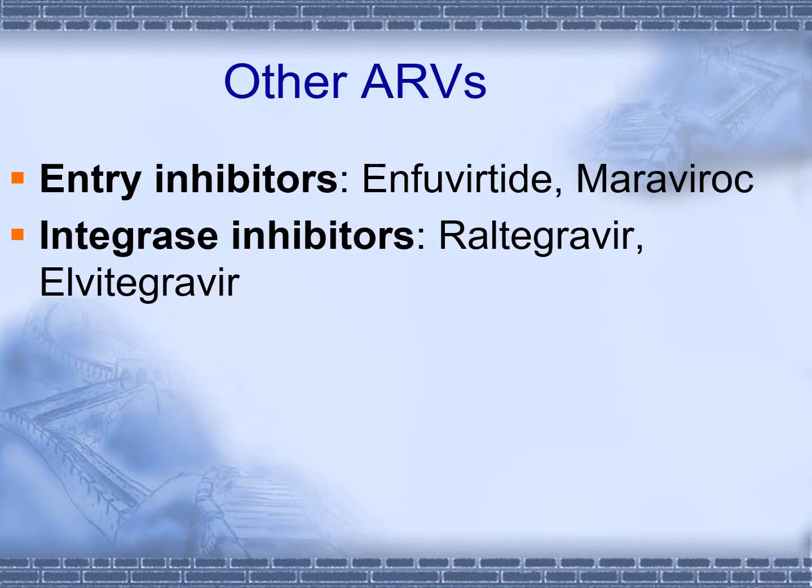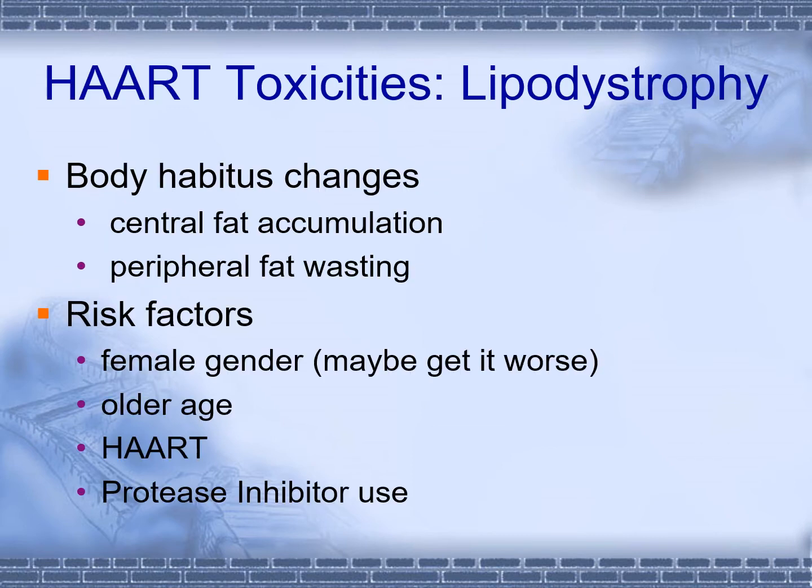Other antiretroviral drugs are like entry inhibitors and integrase inhibitors, and we have already shown the classification in detail. So let's move on to the toxic effects of these drugs. Basically, the HAART toxicity; HAART stands for highly active antiretroviral therapy. Number one is lipodystrophy.